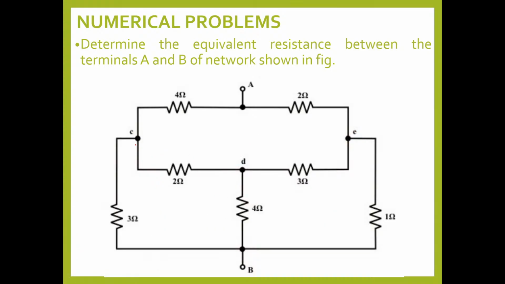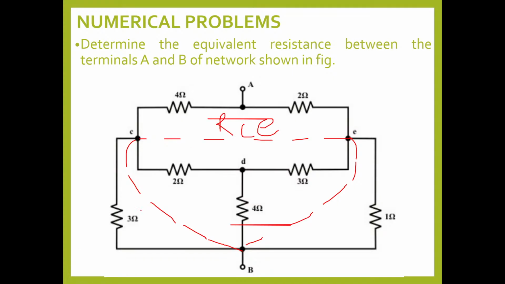For that, I am going to put a dotted line between C and E terminals, a dotted line between C and B, and from B a dotted line up to E. Now what is this resistance? RCE. What is this resistance? RCB. What is this resistance? RBE.